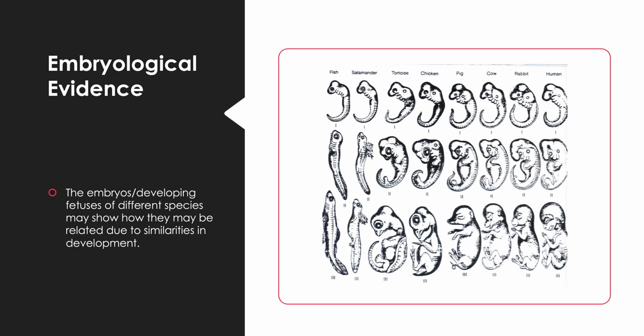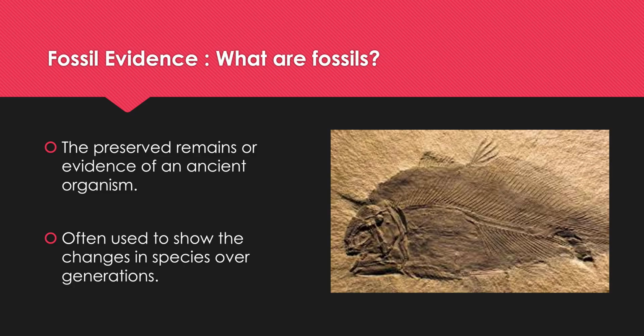And then finally, our last evidence is fossil evidence. So what are fossils? They're preserved remains of an ancient organism, or evidence that an ancient organism was there. So you might have footprints or paw prints, claw prints, right? We can use these fossils to figure out changes that have happened over time.